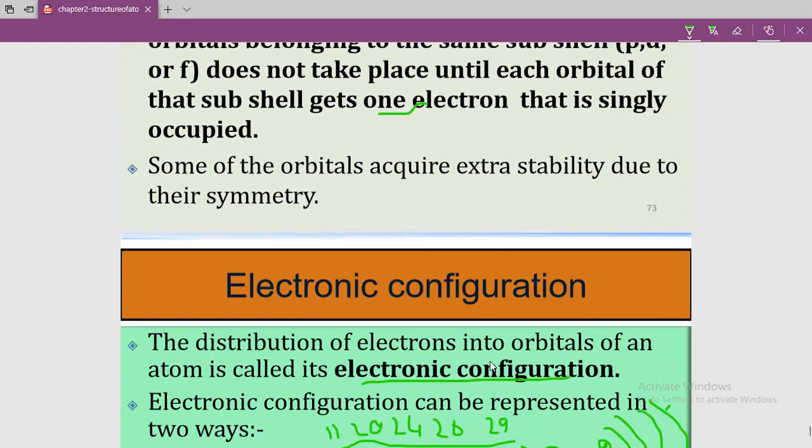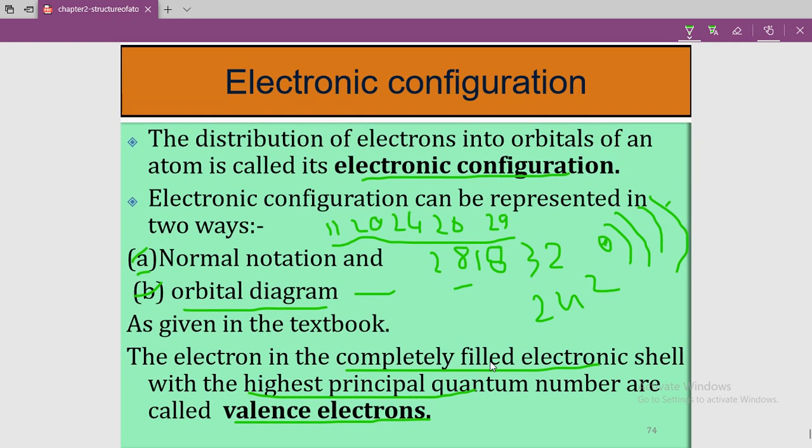Okay, now electronic configuration is the distribution of electrons, and in the earlier classes, in 9th, you distributed electrons in K, L, M shells and subshells. Now in this we will do the electronic configuration in 1s, 2s, 2p according to the above principles, with the help of the Pauli exclusion principle and Hund's rule.